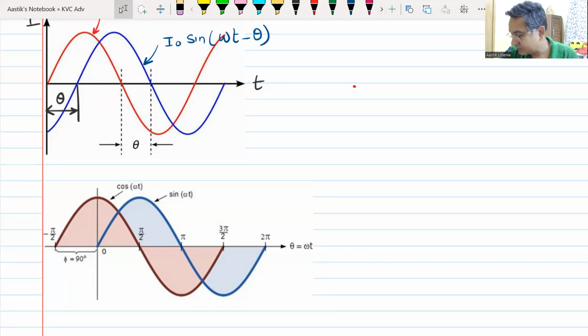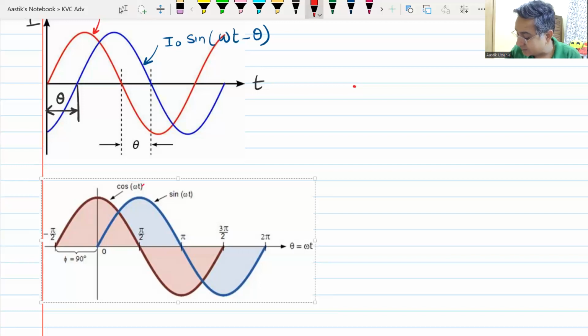Sir, sine is lagging, cos is leading, sir. That is why I can write this cos omega t wave as sine of omega t plus pi by 2.